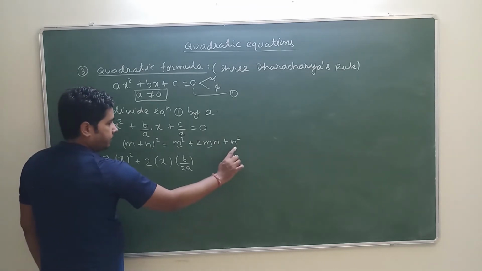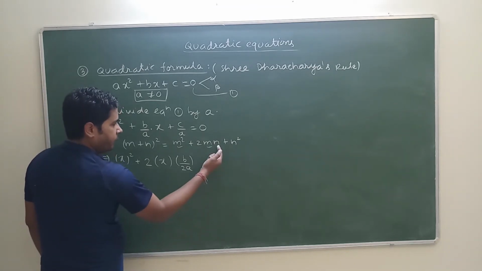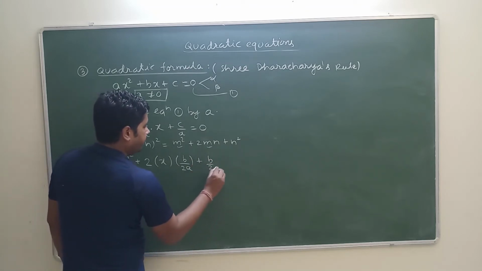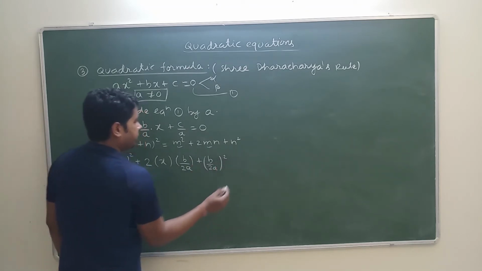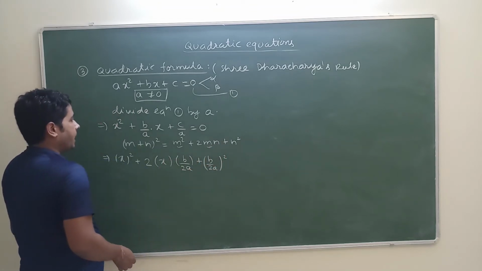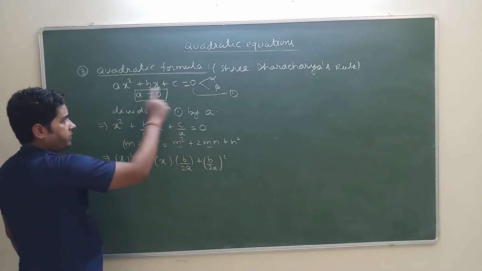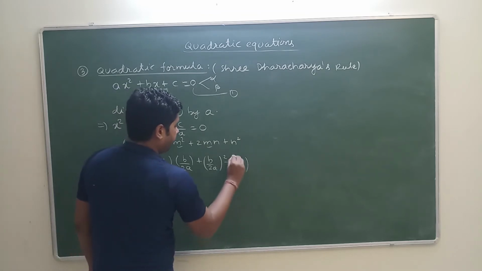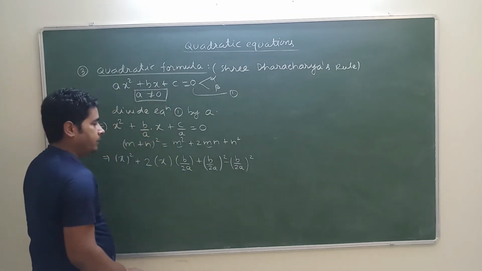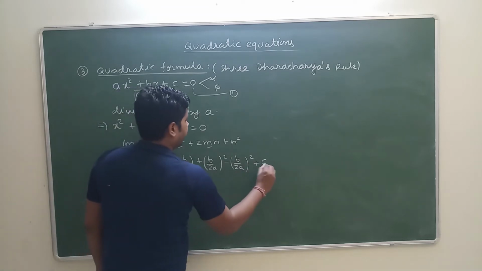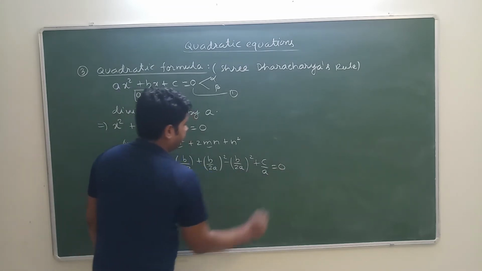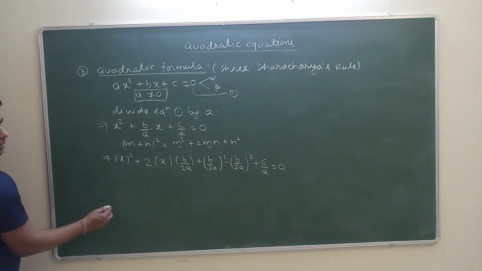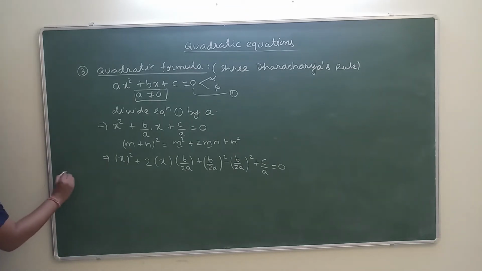Now we need this term, which is n square. The value of n is b by 2a. So let's add b by 2a whole square just to complete this formula. And since it was not there in the equation, we need to subtract this also. B by 2a whole square is subtracted. And last, I am writing c by a, that is equal to 0. So this term was the most important term. Let me write it from here.